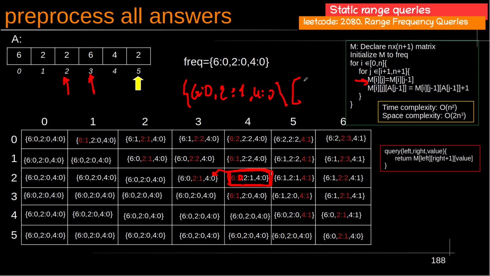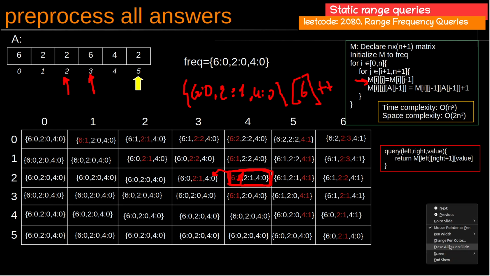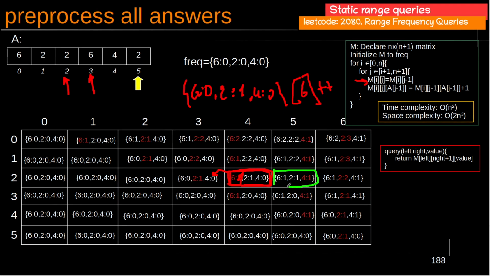The value of 6 will be incremented by 1, which means the 6 here. The next one, if we are here now, it will be 6 1 2 1.